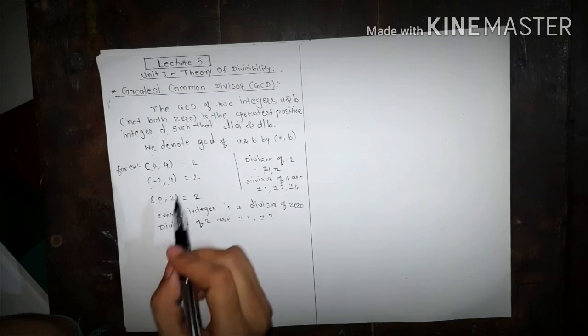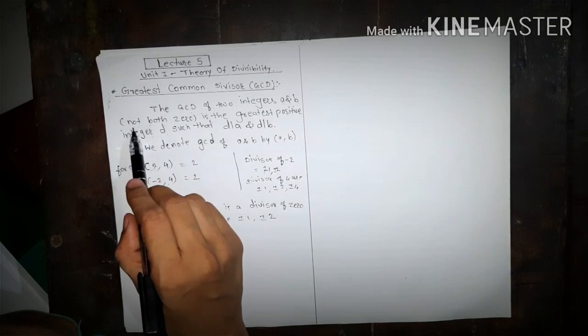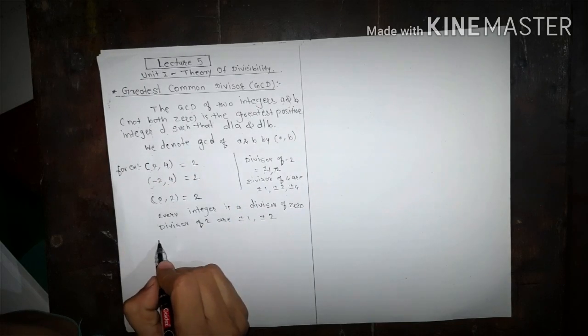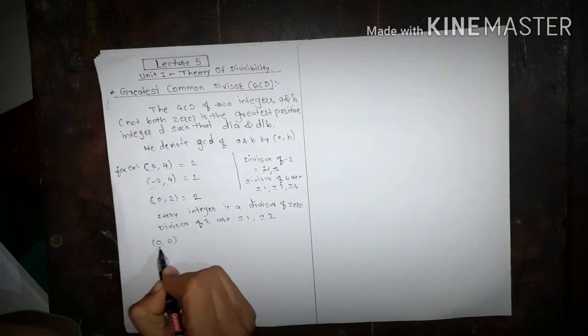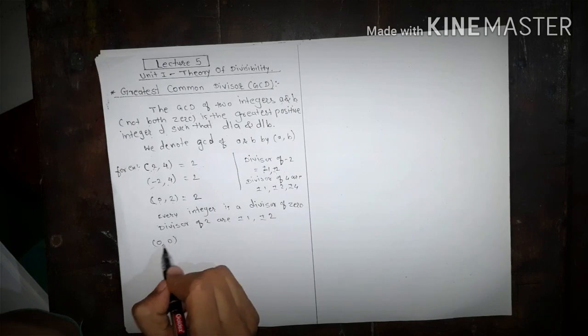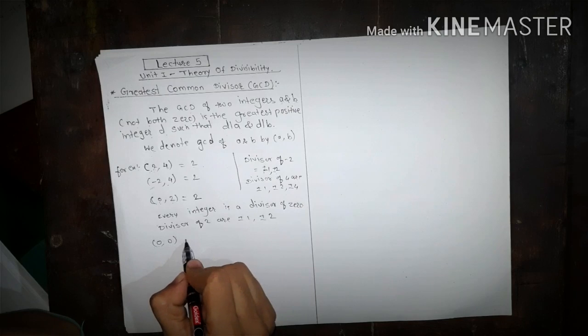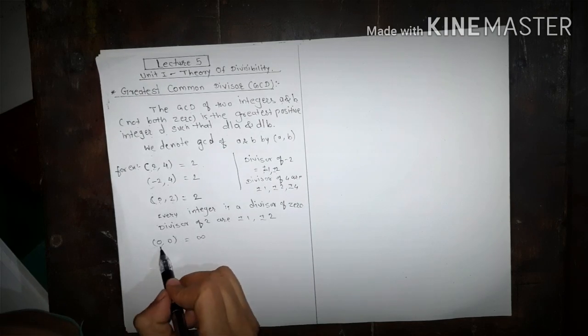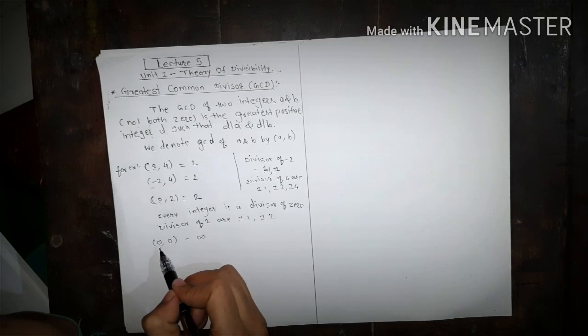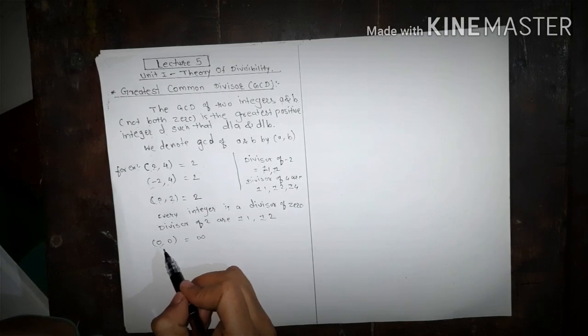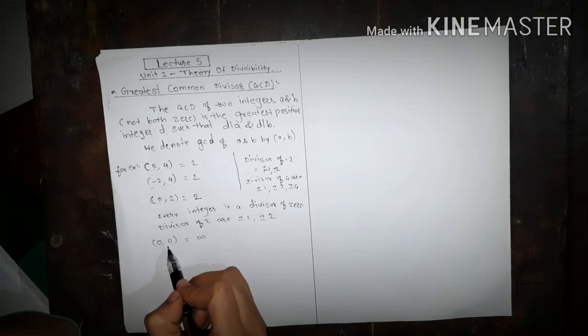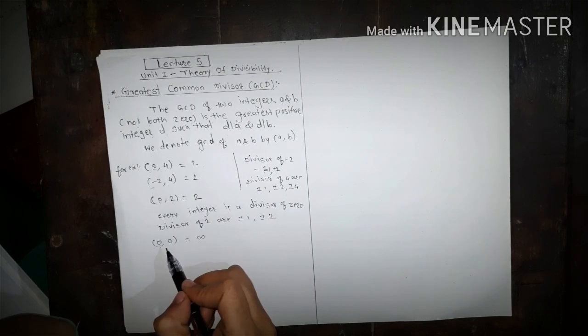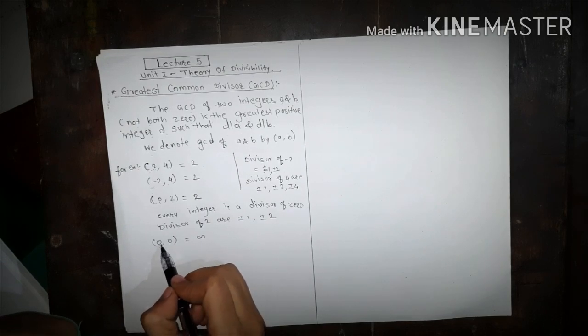Now what happens if both are 0? If a and b are both 0, then the GCD of 0, 0 is infinite. Why? Because every integer is a divisor of 0. So there is no finite greatest divisor which divides both 0, 0; there are infinitely many divisors of 0.